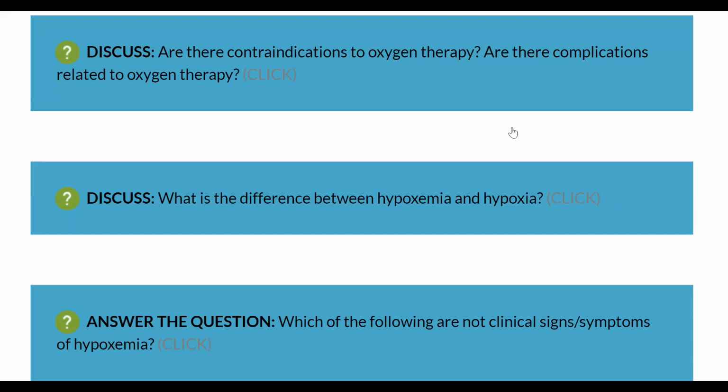So it's up to you to explain to the patient the benefit of oxygen therapy. Don't let the patient suffer from hypoxia after you diagnose hypoxia or hypoxemia and say that the patient is a candidate for oxygen therapy and the patient refuses. Our job is to explain the benefit of oxygen therapy. Don't let the patient die and say the patient refused.